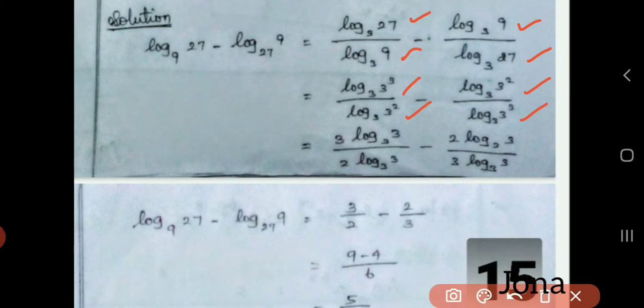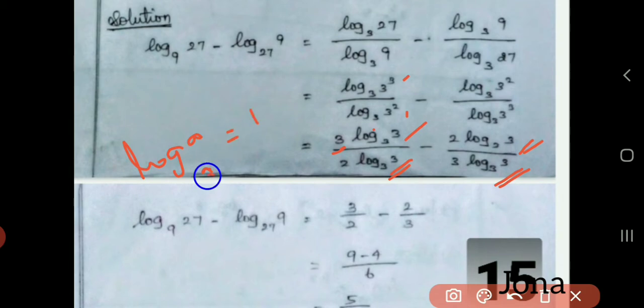Then I want to take the powers to the front. So 3 log 3 base 3, and then 2 log 3 base 3 in the denominator, and similarly for the other term. We know that log a base a equals 1.